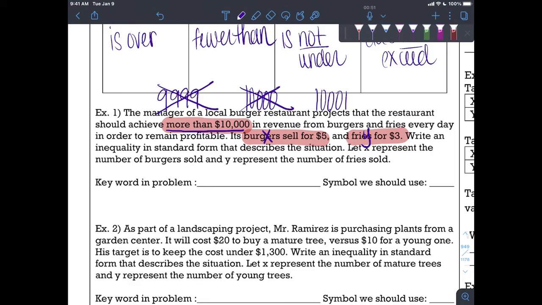No. Is 10,001 more than 10,000? Yes. Because this guy is not included, we do not have the extra line. So we would write our inequality like this. Our keywords here were more than, and we used this symbol.